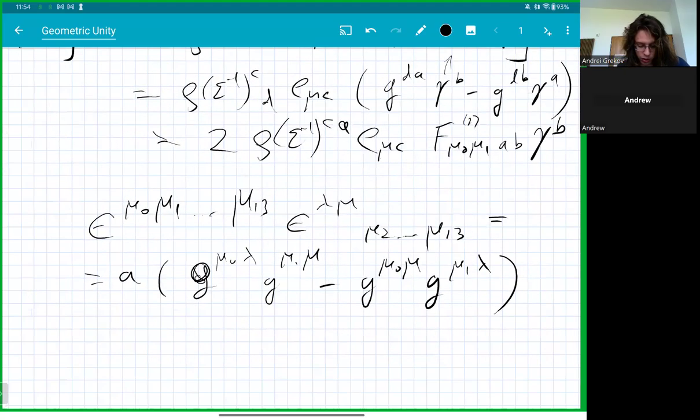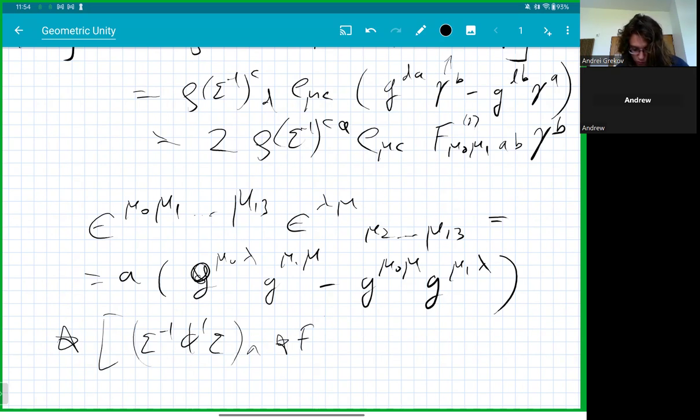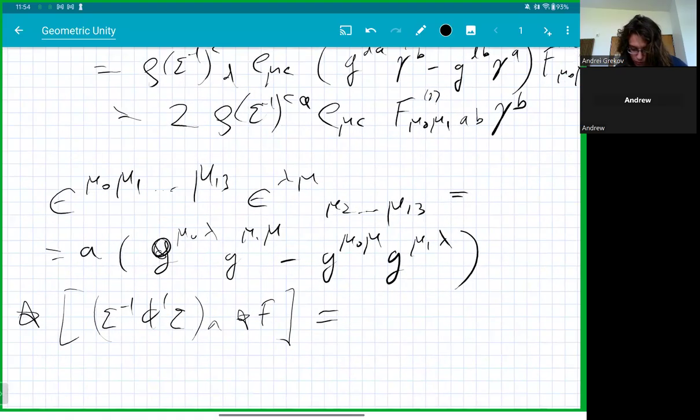So the answer which you'll get, again, because f mu 0 mu 1 is antisymmetric in mu 0 and mu 1, these two terms will give me the same result.